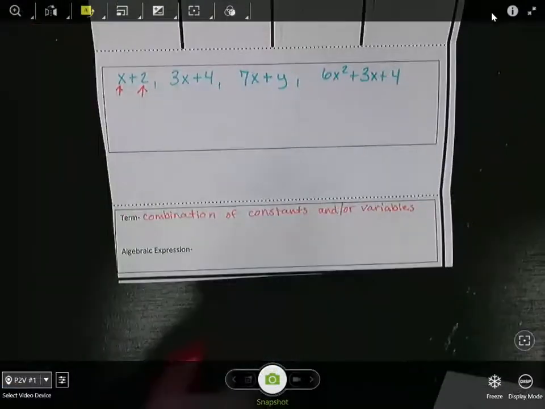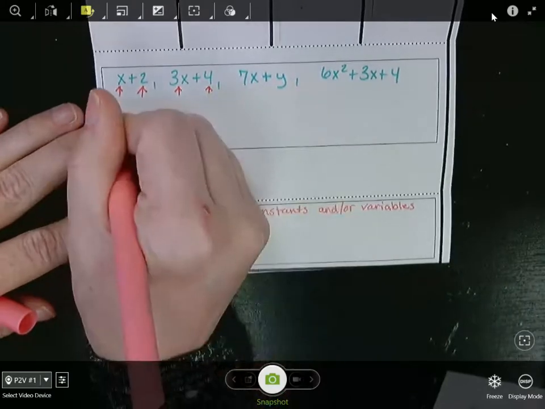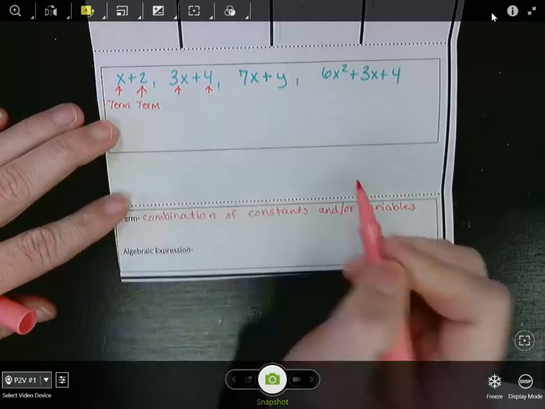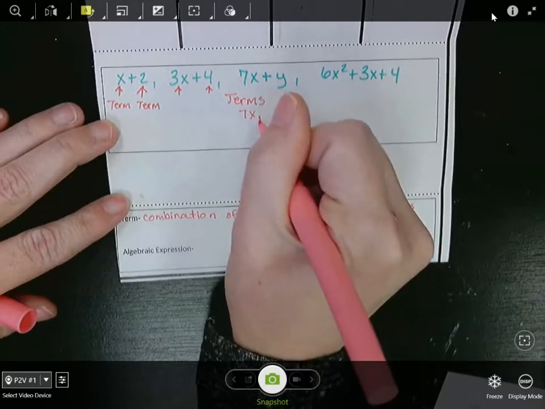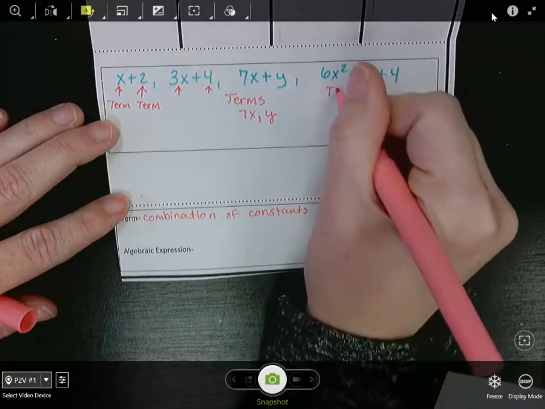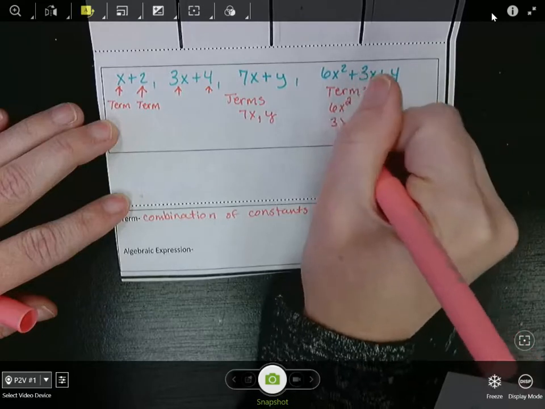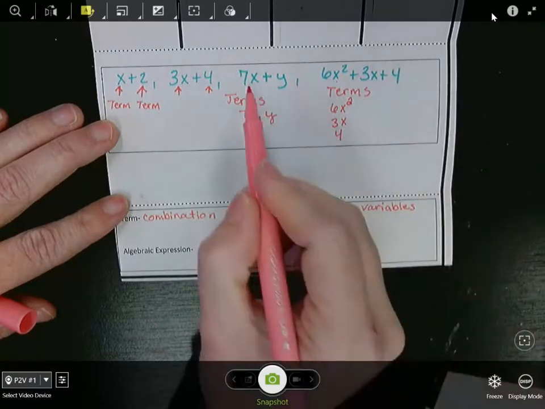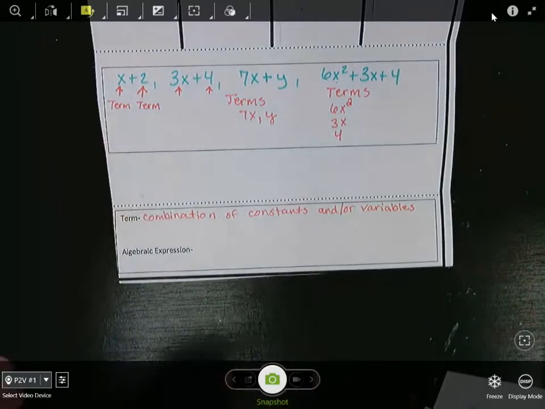Okay. With 3x plus 4, 3x is a term and 4 is a term. Okay. With 7x plus y, your terms would be 7x and y. And with 6x squared plus 3x plus 4, your terms would be 6x squared, 3x, and then 4. Okay, so notice this one has 3 terms, this one has 2, this one has 2, and this one has 2. Okay, so those are the terms.